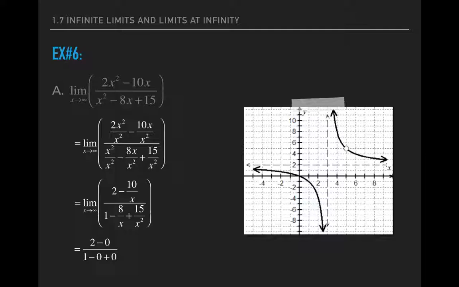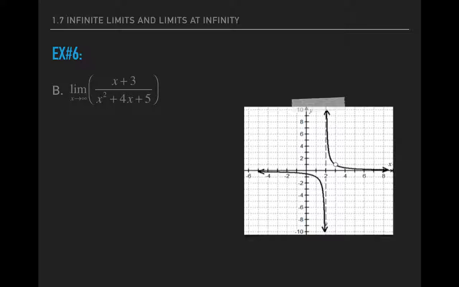This would really be 2 minus 0 over 1 minus 0 plus 0, which is just 2 over 1, giving us 2 as our limit as you go to infinity. This validates that second rule that we saw, where if the degrees are equal, you just take the ratio of your leading coefficients. It would be 2 over 1, but this helps to validate why that is true.